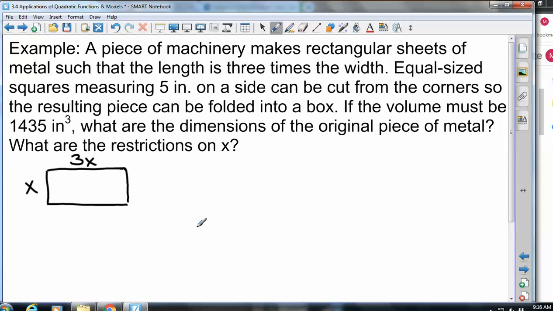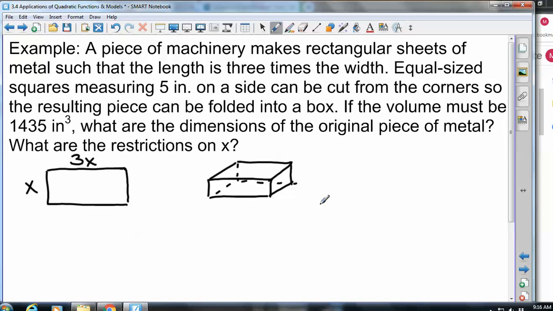Okay, does that make sense? So we are going to be forming a box. I'm going to draw a box. Okay, there's my box.